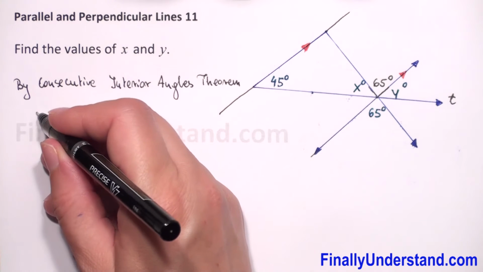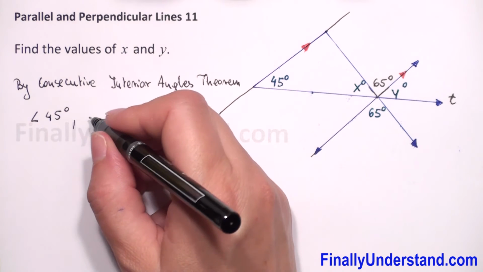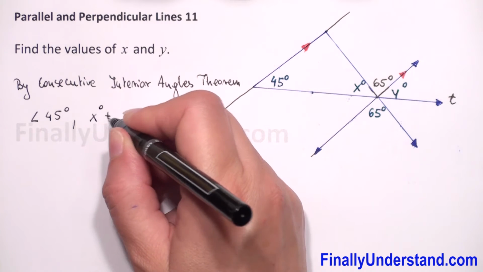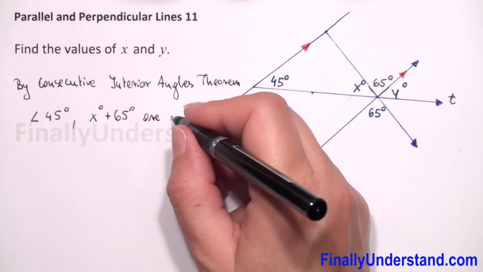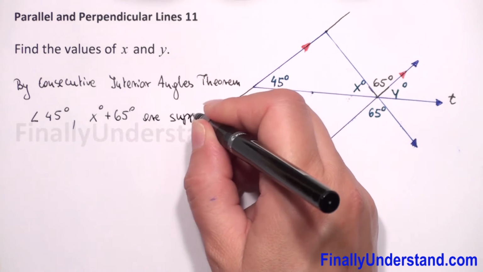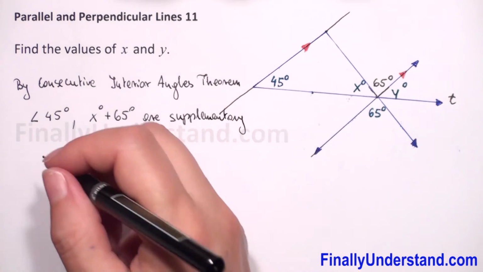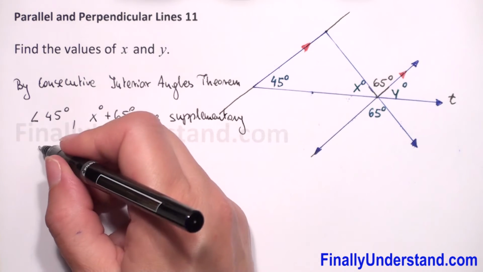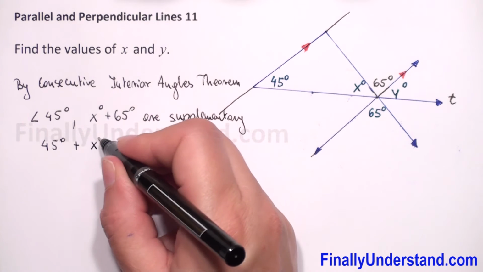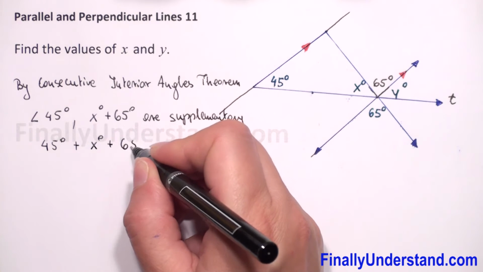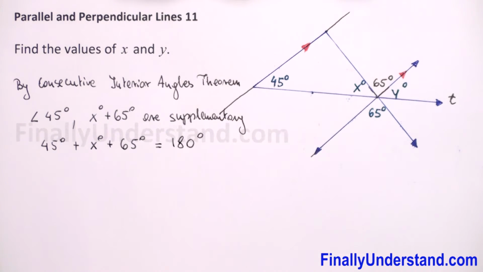So let me write that angles 45 degrees and x plus 65 are supplementary. What it means is that 45 degrees plus x degrees plus 65 degrees is equal to 180 degrees.